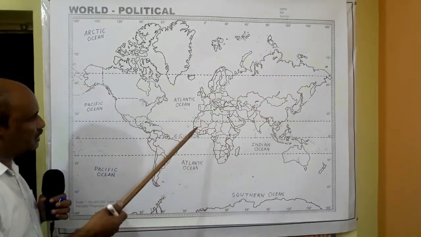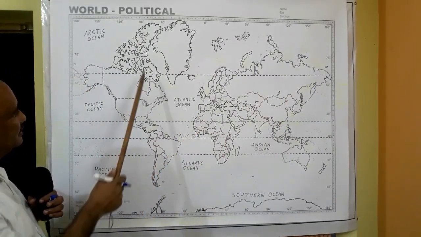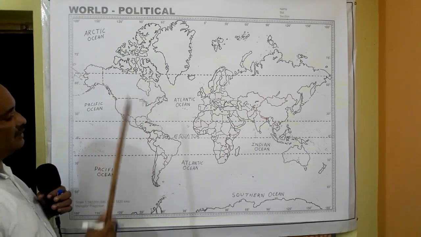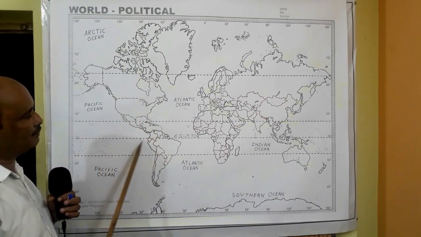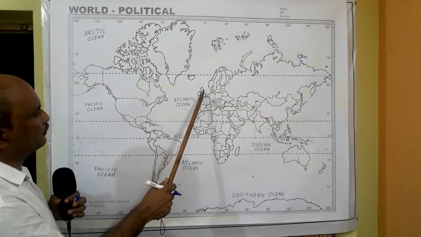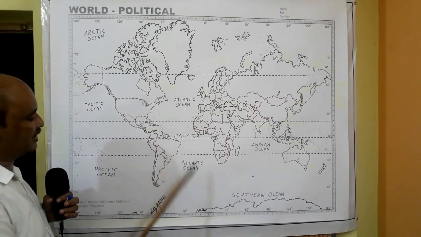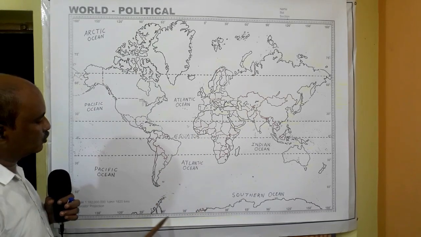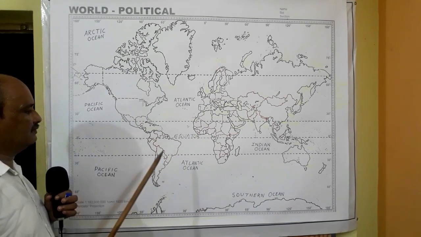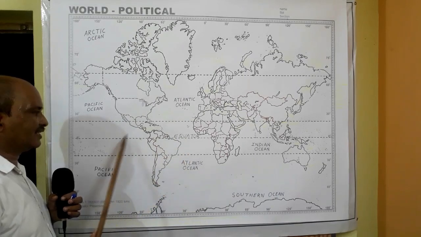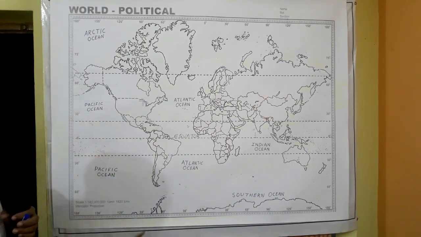Now coming to the western hemisphere, North America, South America, a few parts of Europe and a few parts of Africa, and a small portion of Antarctica will be in the western hemisphere.